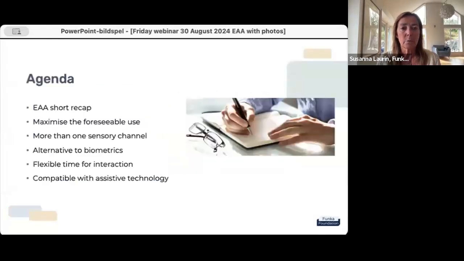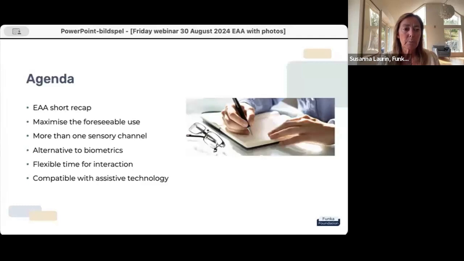Today I want to make a really short recap of the European Accessibility Act, and then talk about the requirements that normally are not the focus of the presentations we do, and normally also not the questions we get. This has led us to believe that some parts of the legislation are a little bit confusing to people, or just omitted.